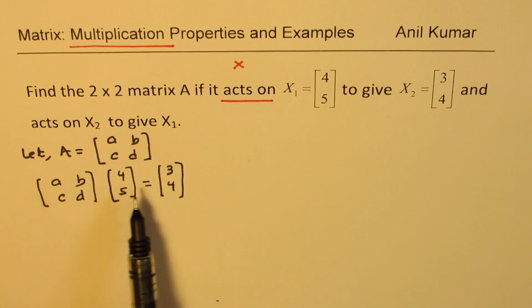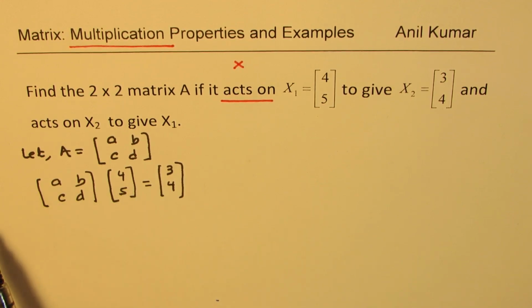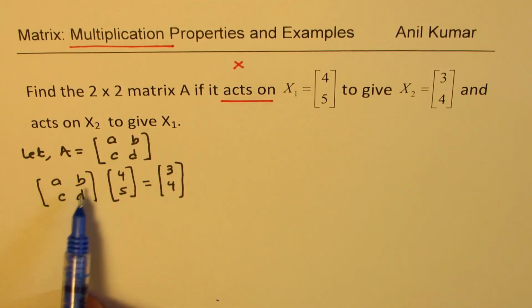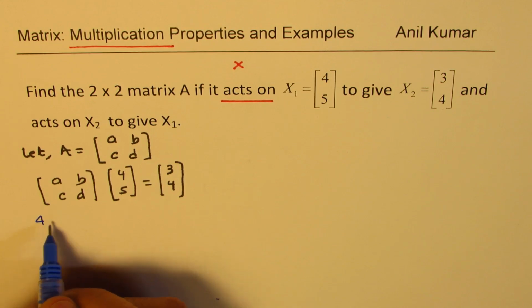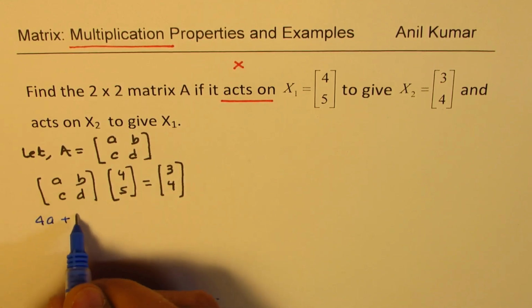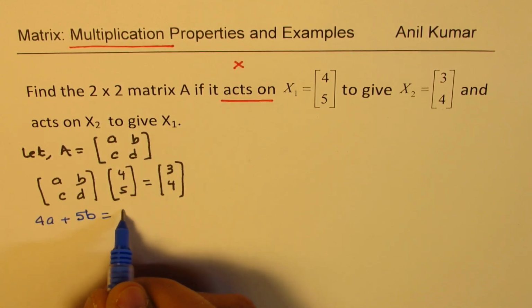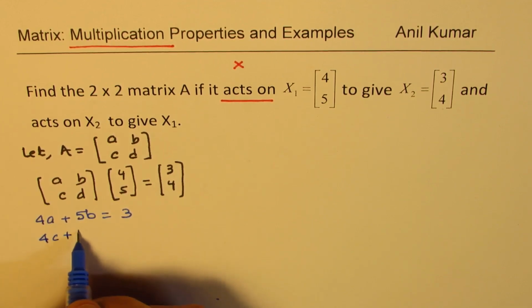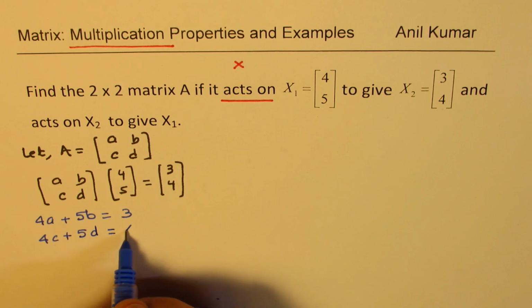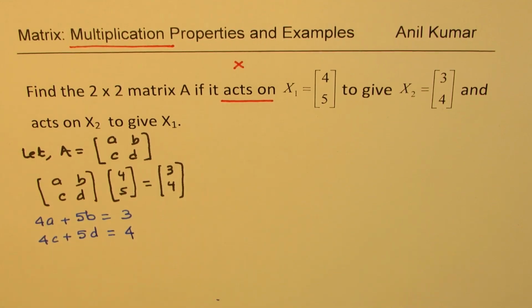From here we get a set of equations that will help us find the values of a, b, c, d. So we get 4a plus 5b equals 3, and 4c plus 5d equals 4.